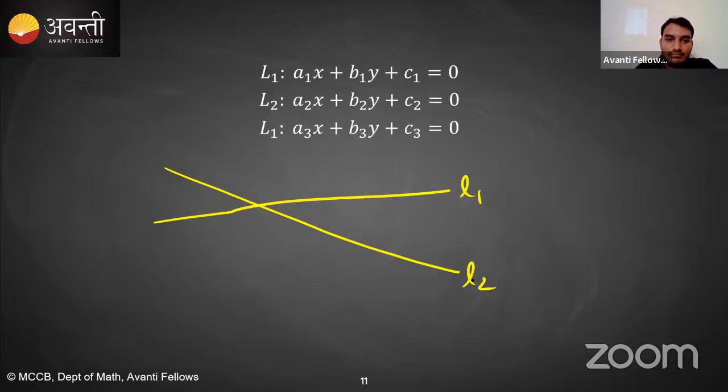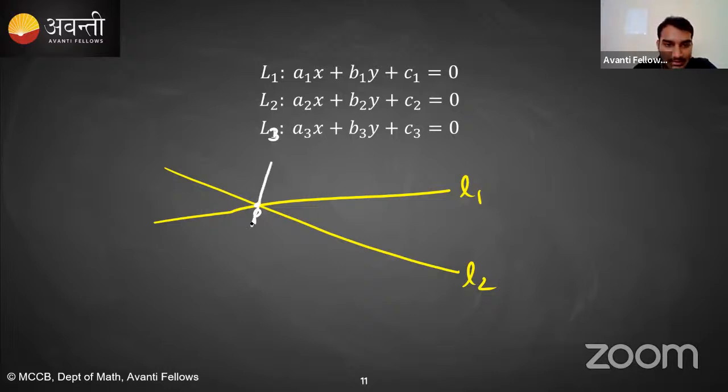L1 and L2 are intersecting, let's say, at point P. If my line L3 is also passing through the point of intersection of L1 and L2, then I will say my lines L1, L2, L3 are concurrent.